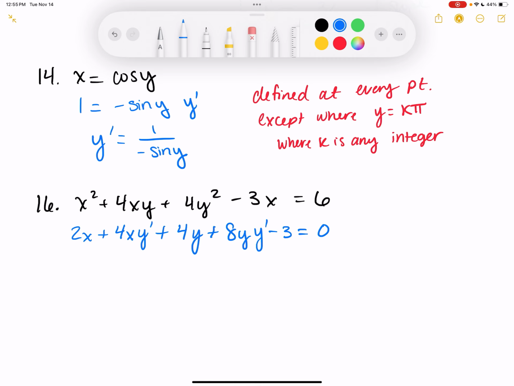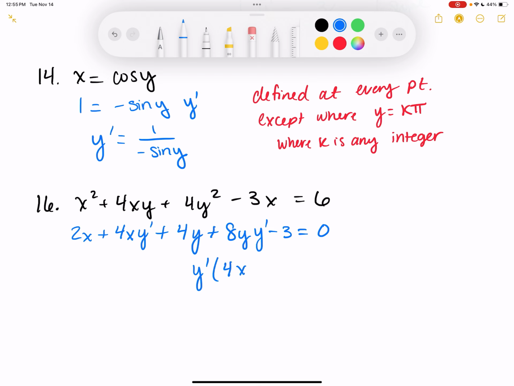Now, we gotta get y prime by itself. So I'm going to leave all the y prime stuff on the left and move everything else over. To save a step, I'll take out the y prime, because there's a lot of writing.